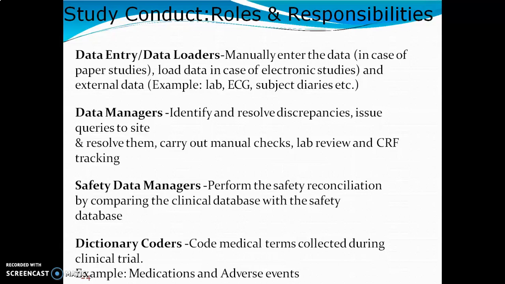Next we have the data managers. They are going to identify and resolve any discrepancies, issues, queries to the site and try to resolve such things. Discrepancies I was telling about are some of the wrong information which got entered, or something may be empty, not filled in.